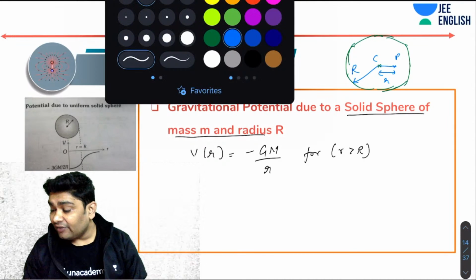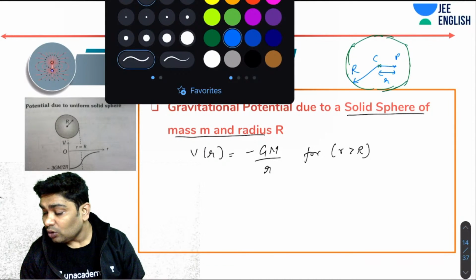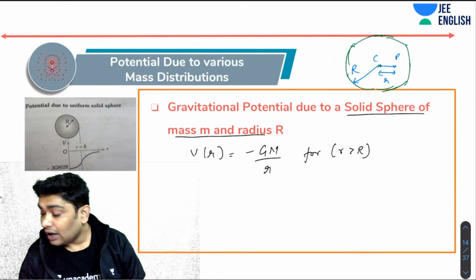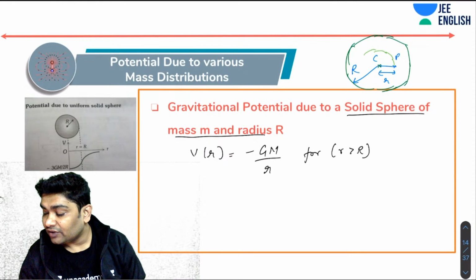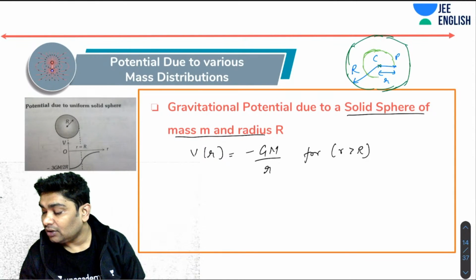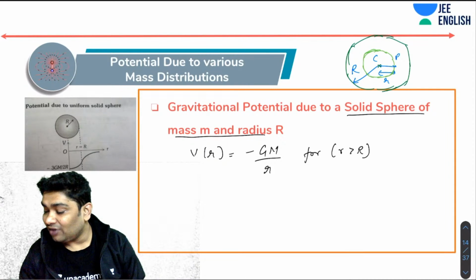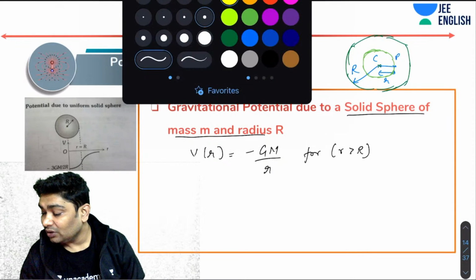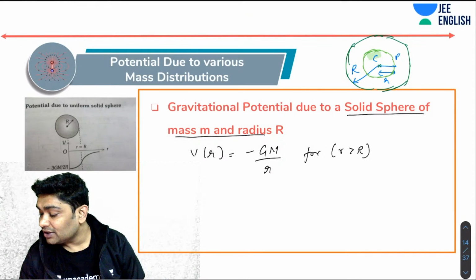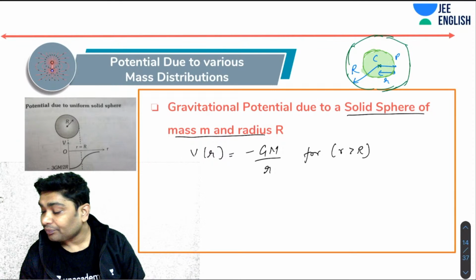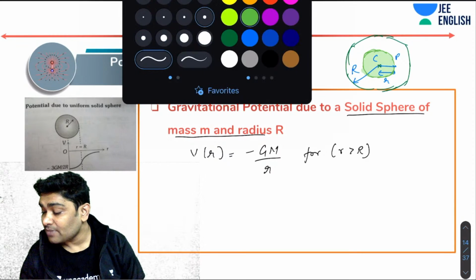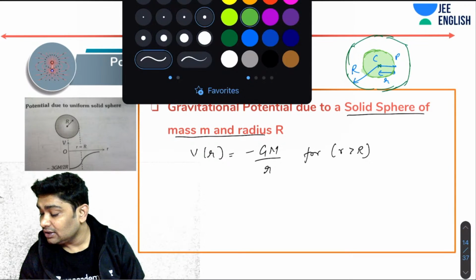What I'll do is divide this sphere into two parts. One portion is the sphere of radius small r that I'm considering, and the second portion is all the mass that lies outside this sphere.